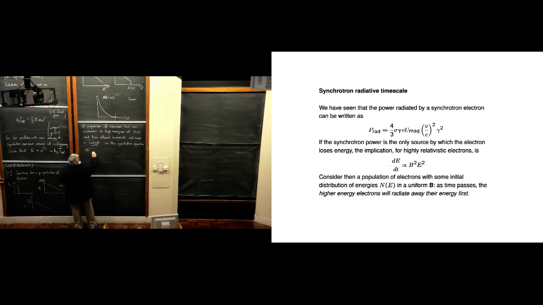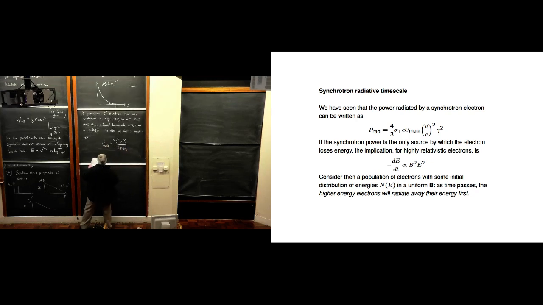At a frequency of gamma squared, electron charge, magnetic field strength over 2 pi, and electron mass. Where that gamma is the Lorentz factor of the highest energy remaining electrons.